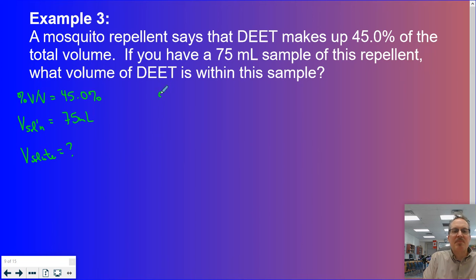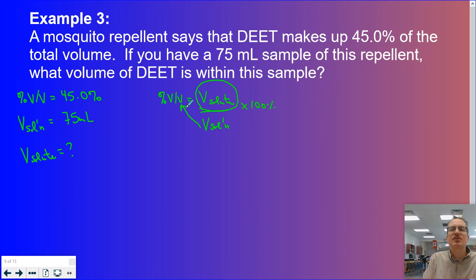So I'm going to write down my memorized formula. Percent by volume equals V solute over V solution times 100%. Now, I have to move this formula around for V solute. So I am solving for this. It's already on top, so I'm happy there. So when I isolate it, V solution is going to go up top.